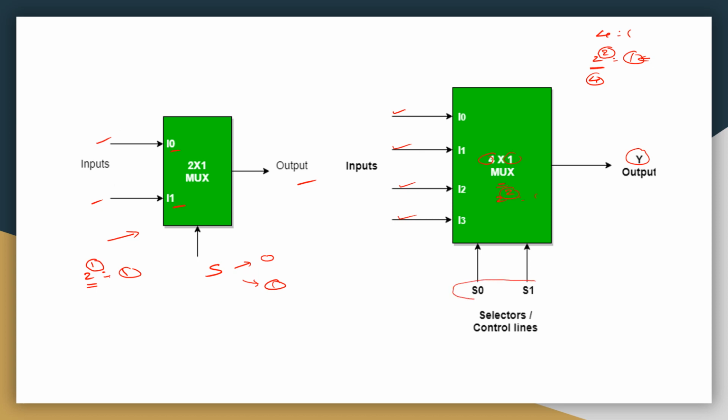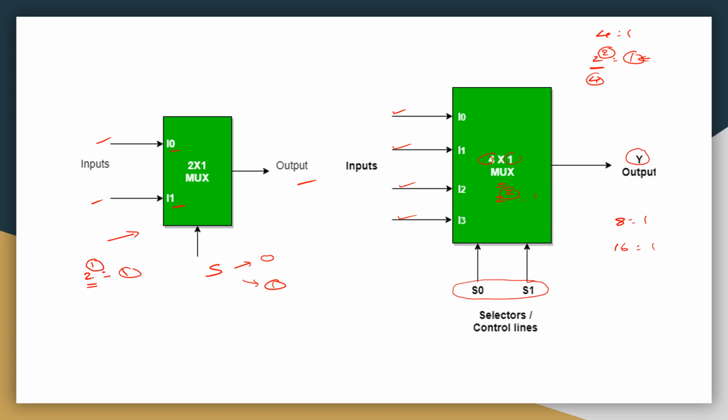Based on these selection line values, the corresponding input is processed. The same concept can be applied to 8:1 and 16:1 multiplexers. We completed those concepts earlier.